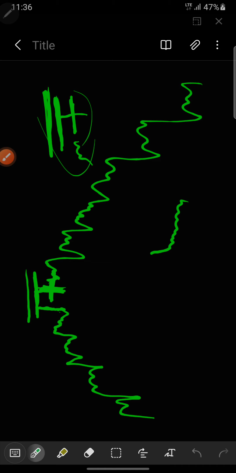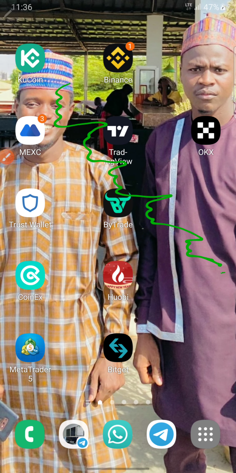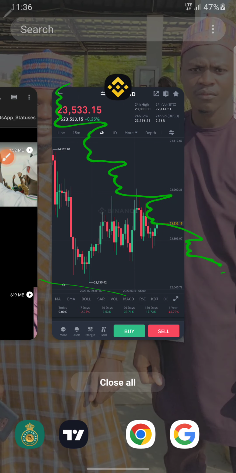Okay, now we are going to discuss the evening star as well. Evening star is an indicator that shows the market will change direction and move downtrend. Assuming here is the market moving upward, they now created something like this.